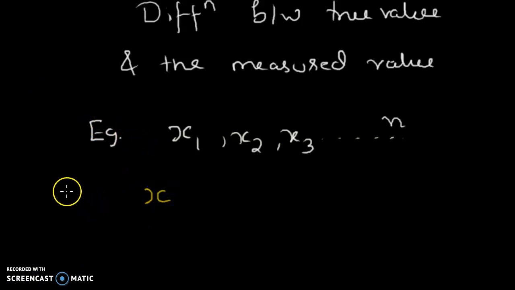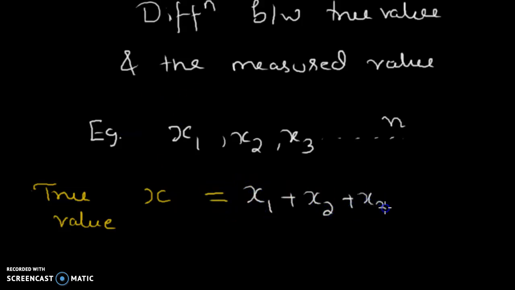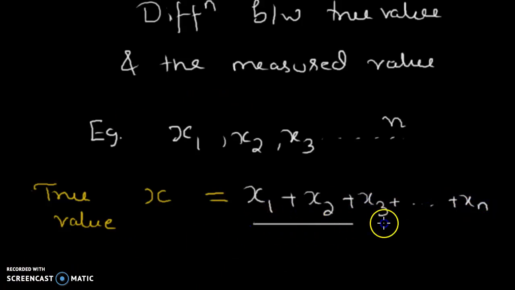Exactly we don't know the true value. So what we do to get closer to the true value, we take the mean, which I am representing by x bar. I took the mean of all the measured values up to xn, and that would be the true value.